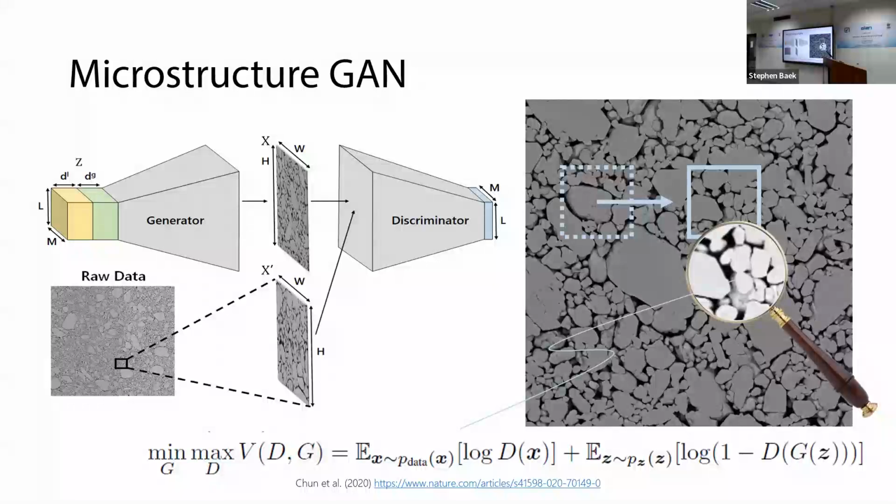So here's one example of a GAN applied to a material science problem. We have some material microstructure. There are lots of crystals, and in between the crystals there are voids and pores, right? And we would like to generate synthetic images of those microstructures.